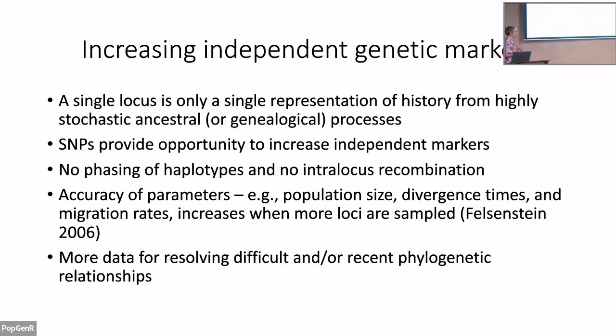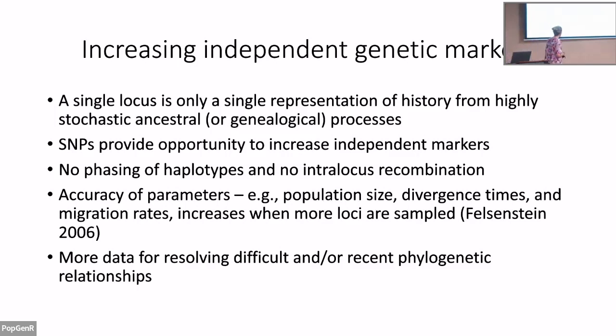But there's some real benefits of SNP data. So, as Craig said, with sequencing, we kind of started with mitochondria, amazing, got some phylogenies, but maternally inherited. We realized that having information from multiple nuclear markers can be really powerful because the genome's heterogeneous. So with SNPs, we're getting a lot more representation of independent markers, and because they're SNPs, there's no intralocus recombination.